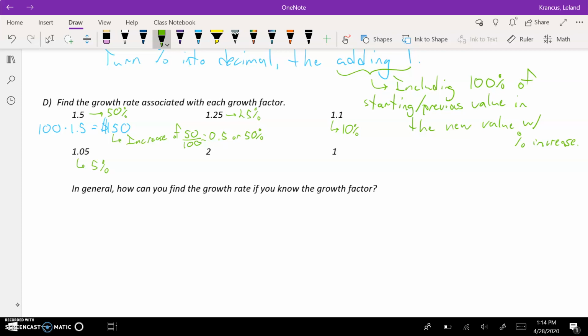You have to think, if I took my $100 and multiplied by 2 to get $200, that's an increase of $100. So my $100 increased by $100. That would be a 100% increase.